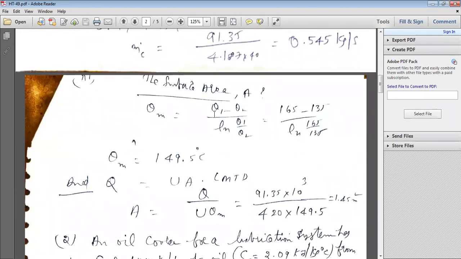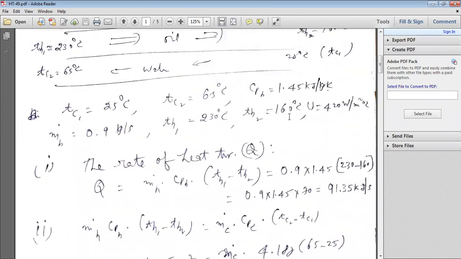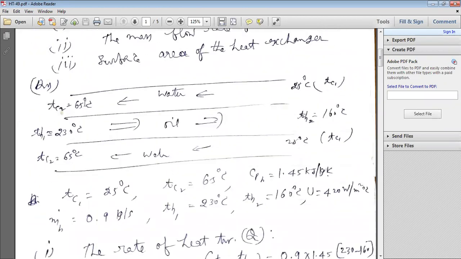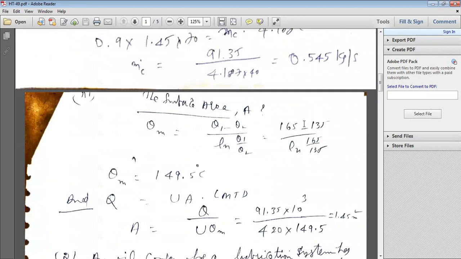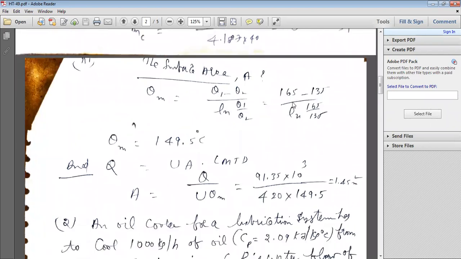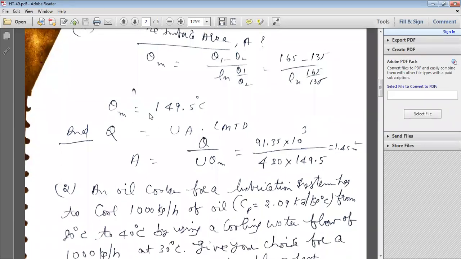How are we getting that? 230 minus 65 is 165, and 160 minus 25 is 135. That's why 165 minus 135 divided by the natural logarithm of 165 by 135. From this, LMTD is 149.5 degrees centigrade, because all these are in centigrade. So the log mean temperature difference is 149.5 degrees centigrade.